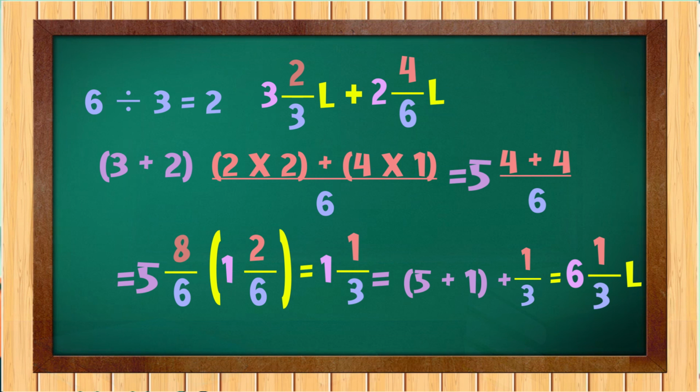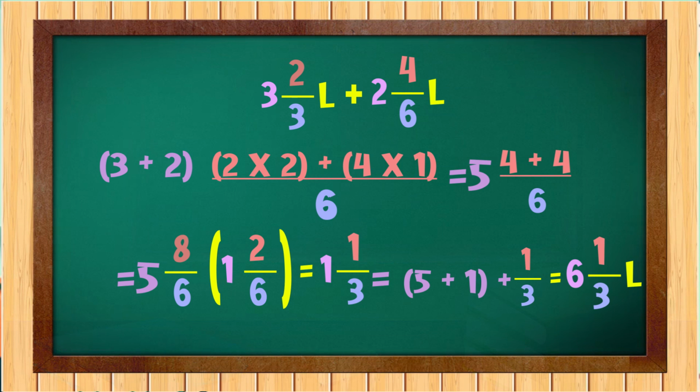Then we multiply that answer by the numerators. So, 2 answer multiplied by 2 numerator, plus 6 into 6, 1. 4 numerator, 1 answer. 3 plus 2 equals 5.